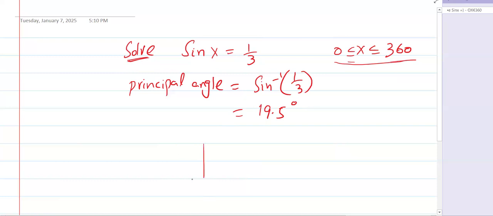Once you have taken it, now look, the value of sine is positive. It means in which quadrant will it be? The value of sine is positive, so what are the possible quadrants?